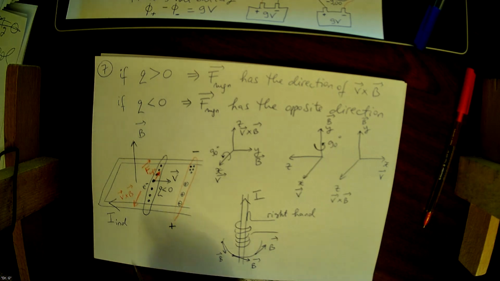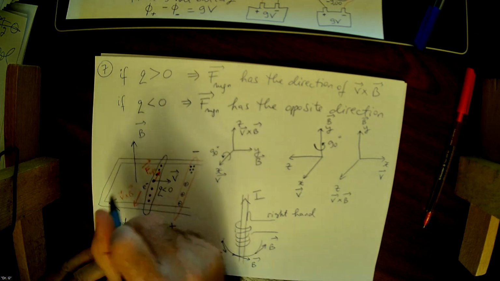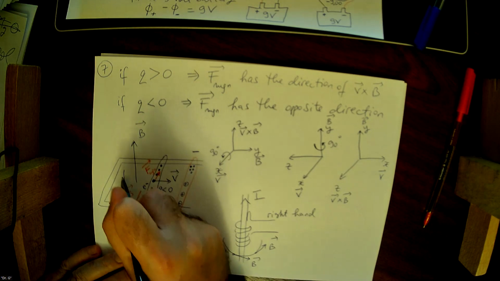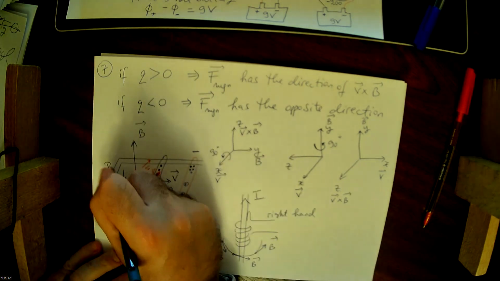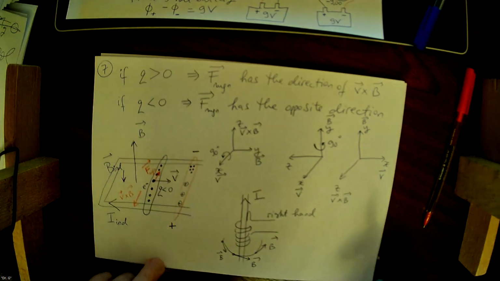And in this case, the magnetic field produced by the induced current will be pointing down.